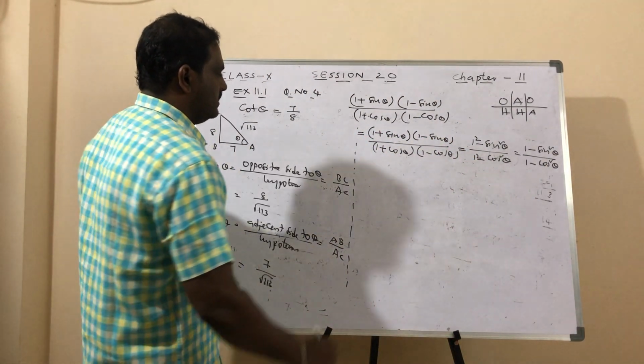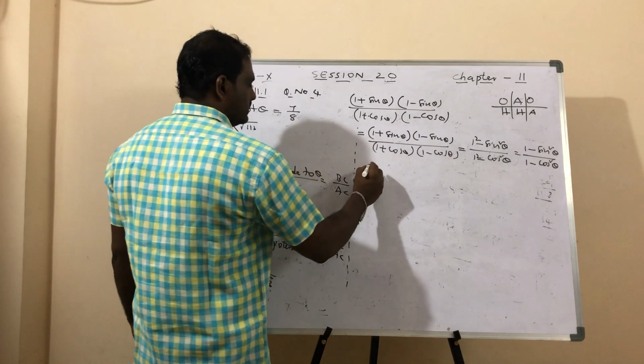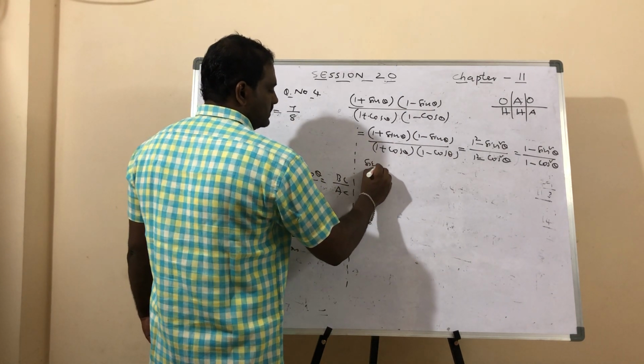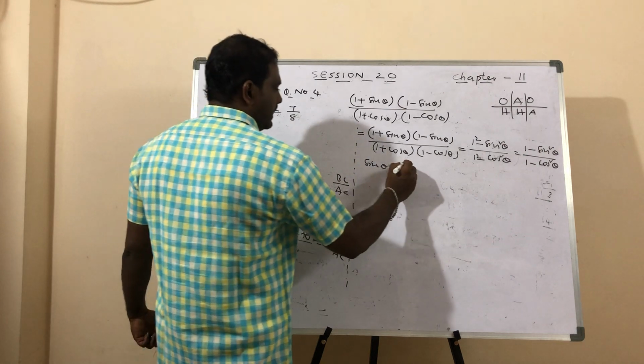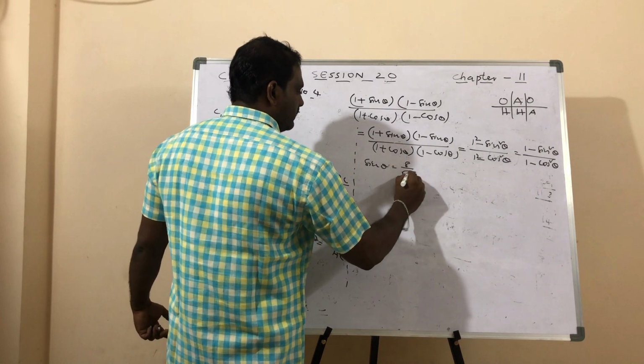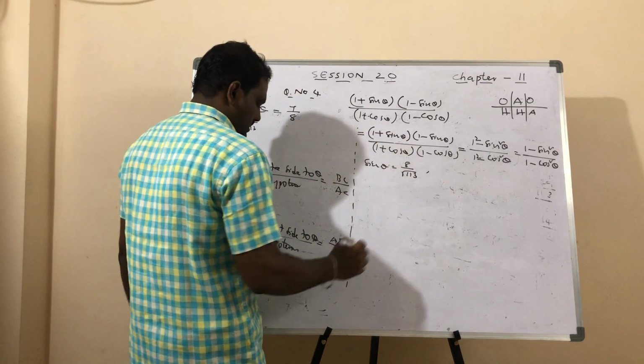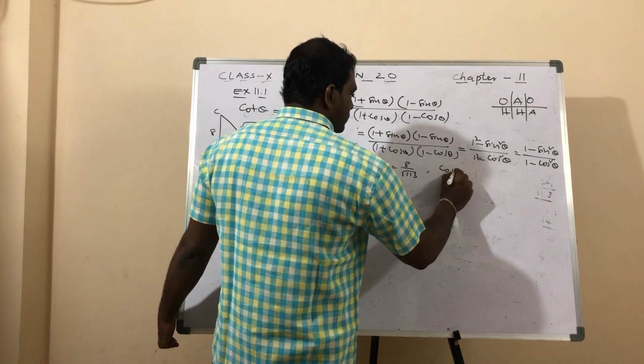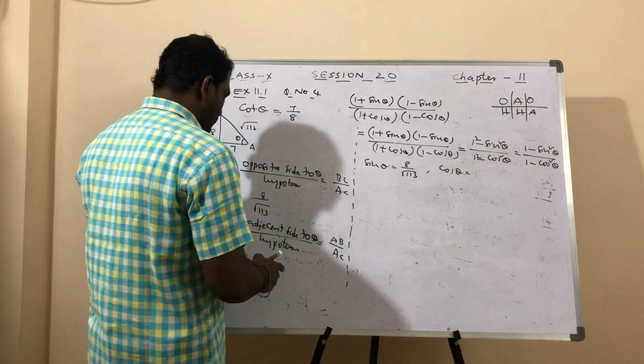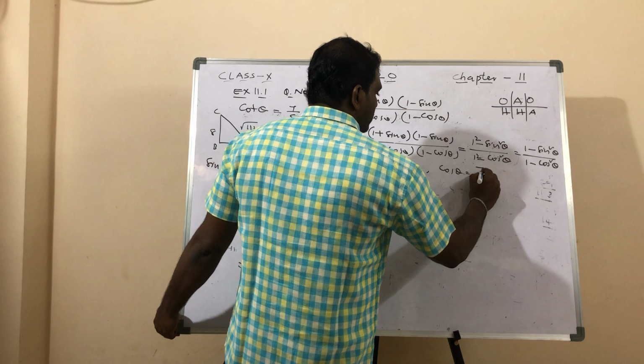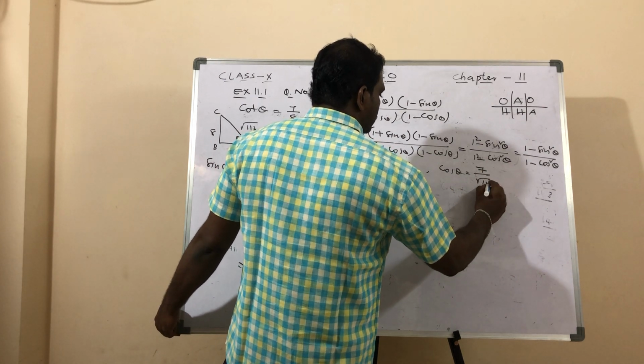Both I will get. Now, what is given? So therefore sin theta is equal to 8 by square root of 113, and cos theta is equal to 7 by square root of 113.